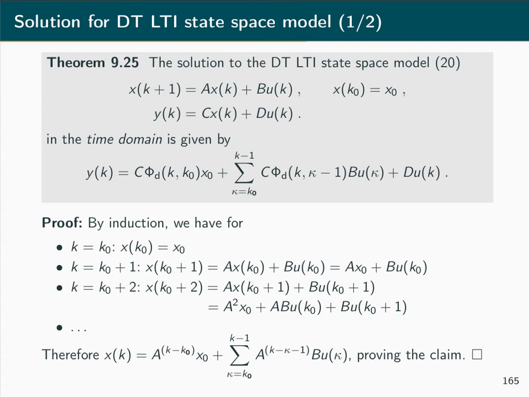So this is equal to A times x of k0 plus B times u of k0, which using this equation is just equal to this expression here. Then we can do the same thing for the state x at the time step k0 plus 2, which is given by A times x of k0 plus 1 plus B times u of k0 plus 1, where we can now substitute this state by the formula up here to obtain this formula, and we can go on in the same fashion.